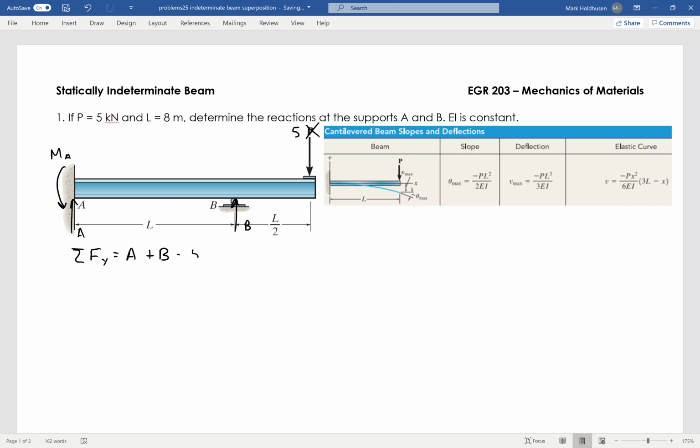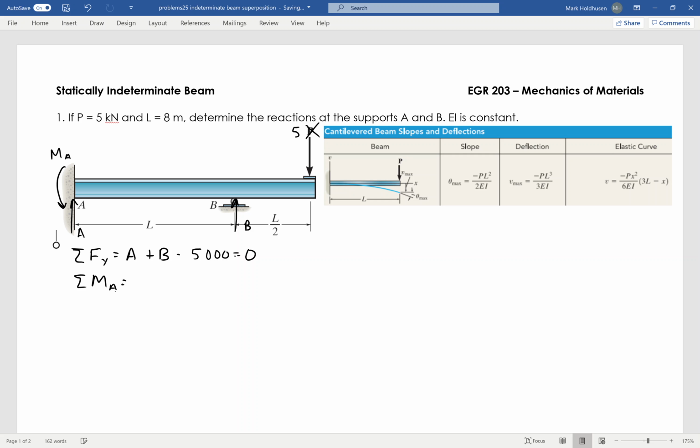So minus 5, and let me put that in newtons, 5,000, equals 0.